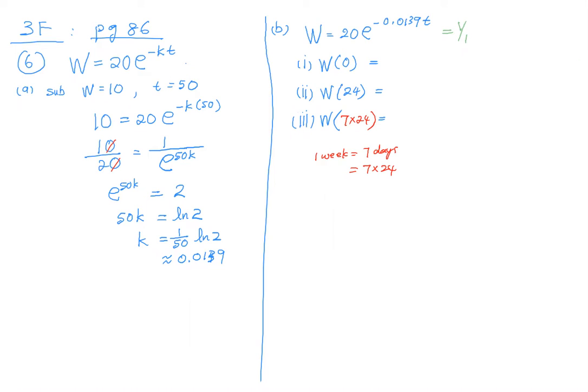Brandon, W0 is what? 20. Thank you. Ethan, W24? 14.33.